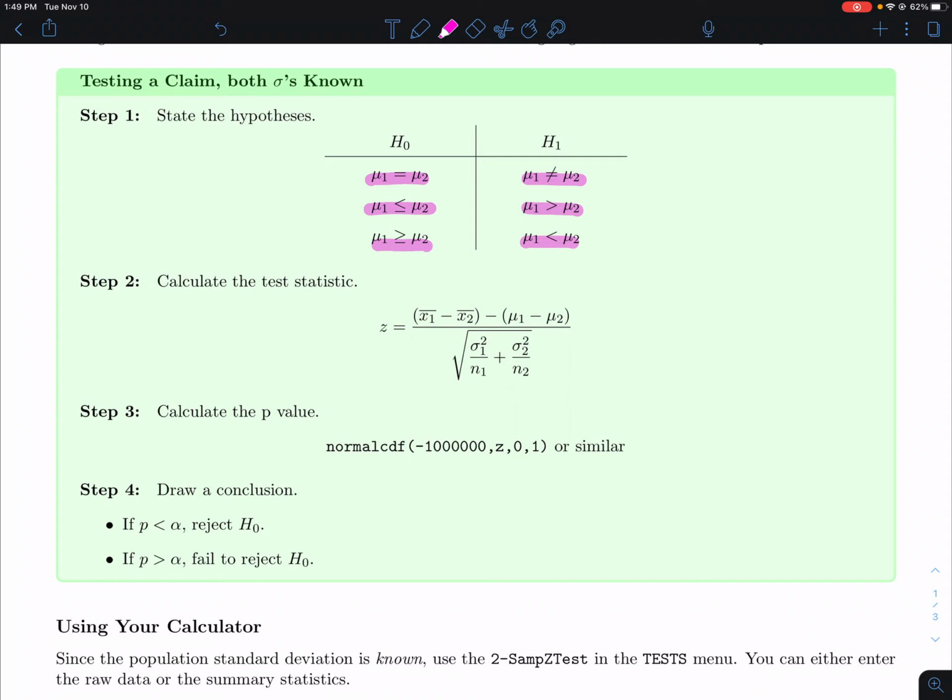All right, so our test statistic is a little bit more complicated in this case just because we've got two different means going on in this situation.